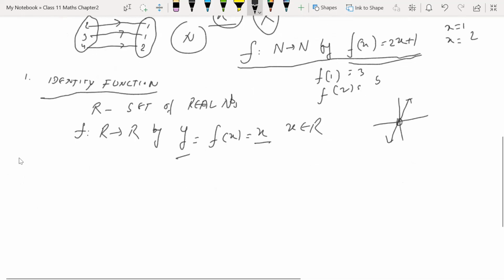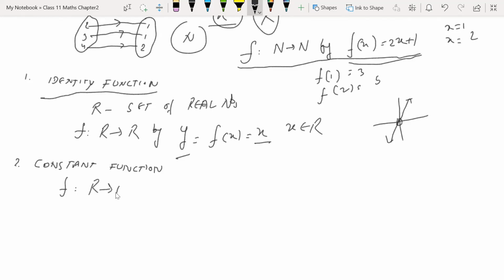Next function is the constant function. Let us define f from R to R such that y = f(x) = c.